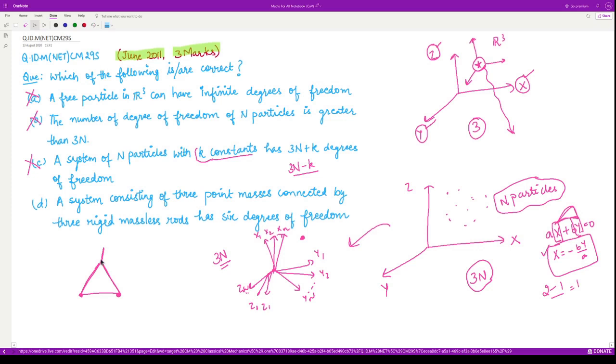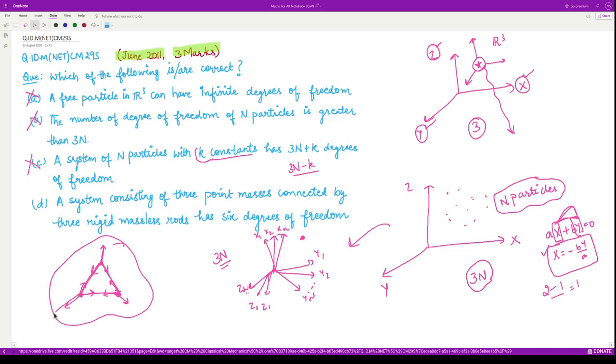So for this particle we have one direction as this, one direction as this, and one direction as this. For this particle, we have one direction as this, one direction as this, and one direction as this. And for this particle, we have this direction and this direction. Therefore, in total, how many degrees of freedom do we need to specify this system completely when these 3 points are joined together with each other?